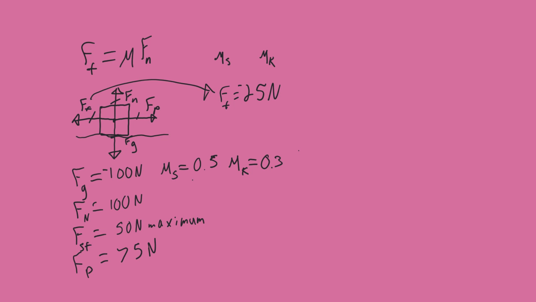So now we can consider the situation for a box that is in motion and is also now going to be accelerating. So what we can do at this point is solve for our force of kinetic friction. We're going to multiply our normal force by the kinetic friction coefficient, 0.3, which is going to give us a force of friction of 30 newtons.